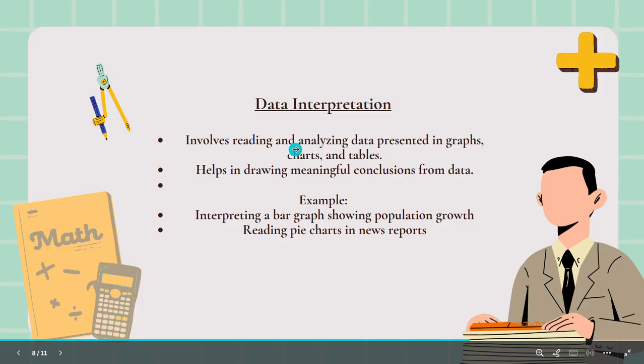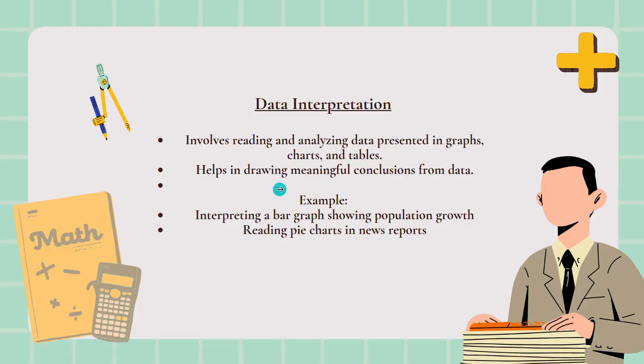So next on we have data interpretation on the fourth. It involves reading and analyzing data presented in graphs, charts, and tables. So what are these graphs, charts, and tables? It's a mathematical form of representing the data. We have already learned about collecting, organizing, and interpreting data. So here we have the interpretation itself as a type.